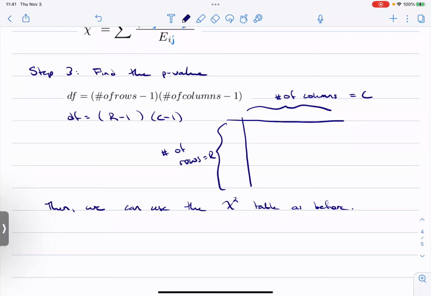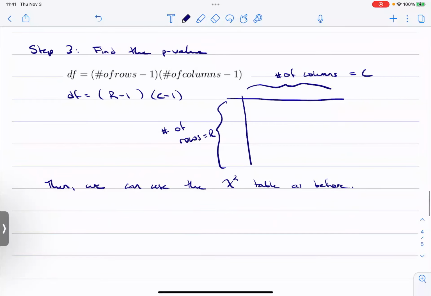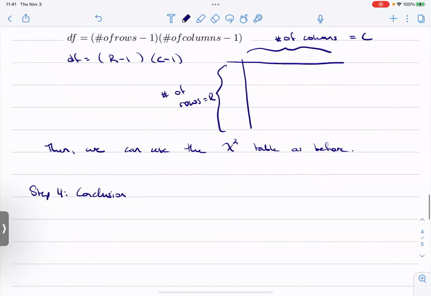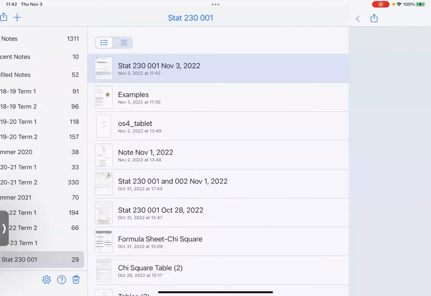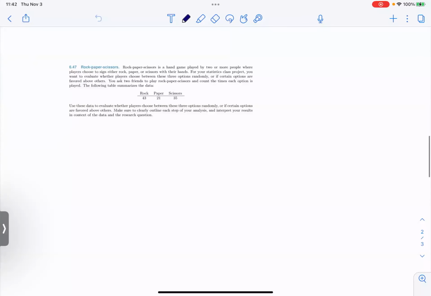Calculating the chi-squared stays the same, but the degrees of freedom is changed. So that's really the only adjustment that we make. And then, of course, step 4, the conclusion stays the same, same as all hypothesis tests. With that vague summary, let's do an example.